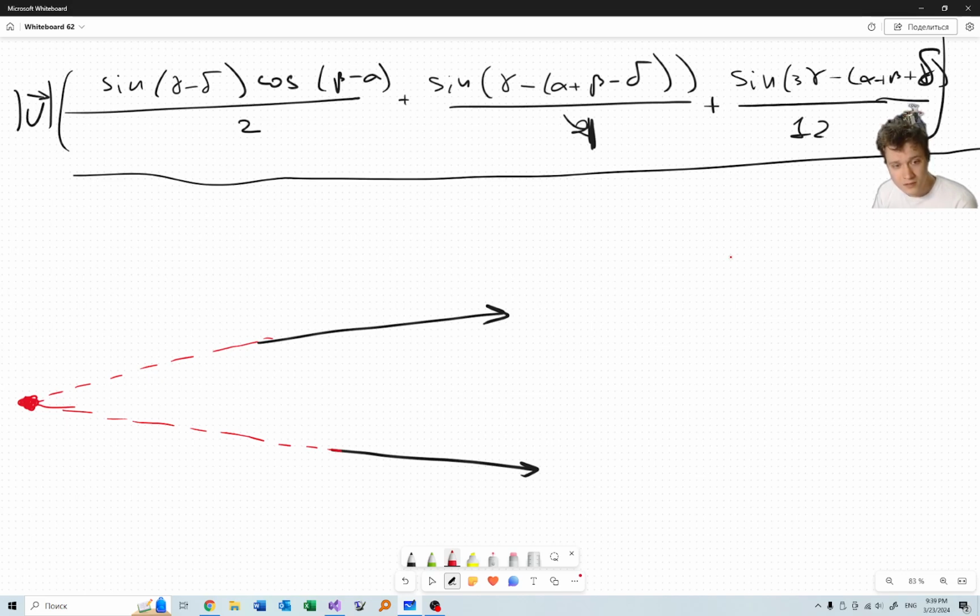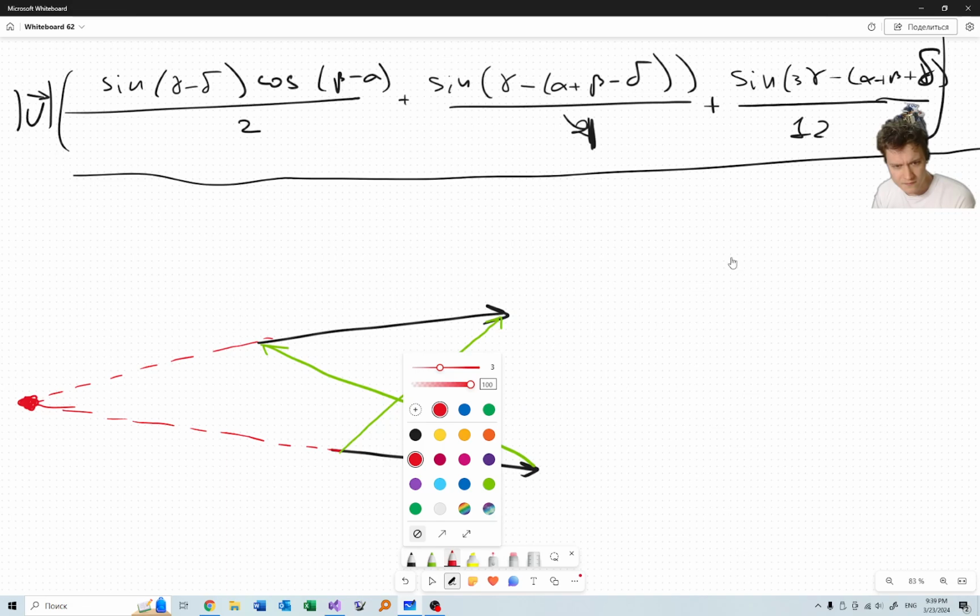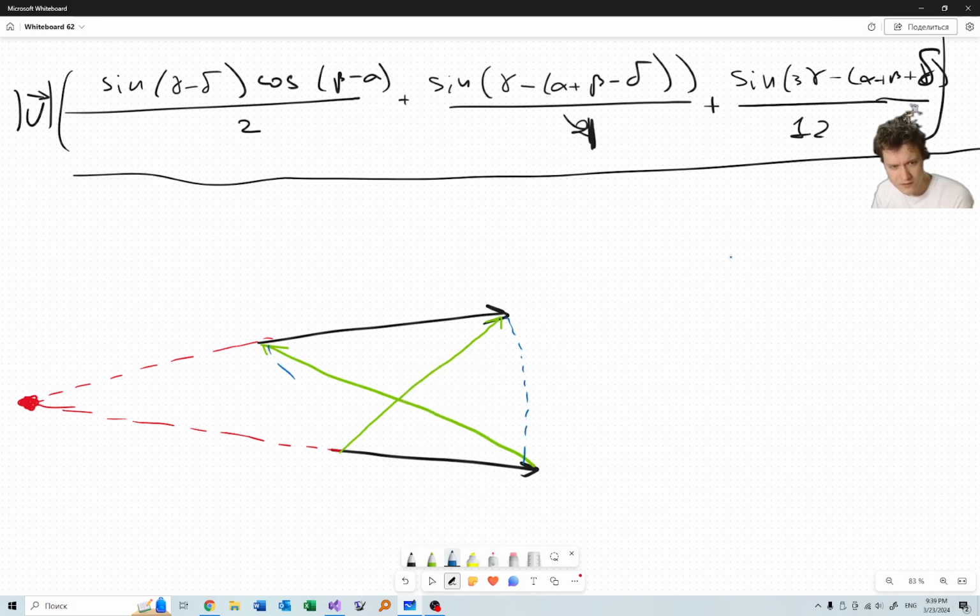In this case, all possible vector directions are between these 2 points. And there are also 2 such directions.